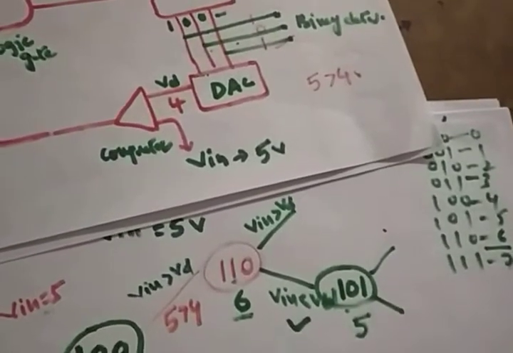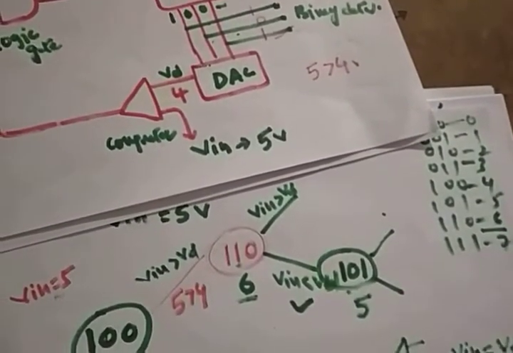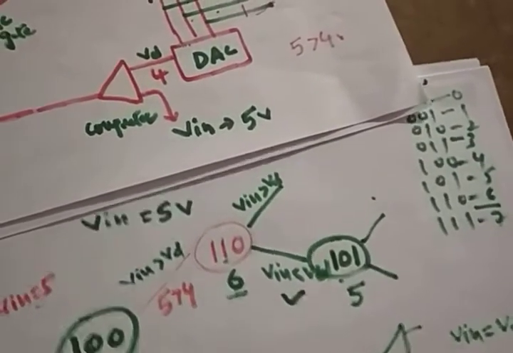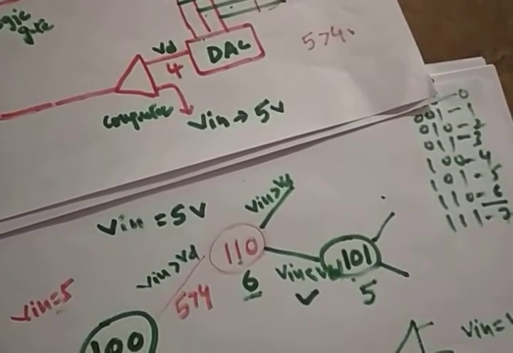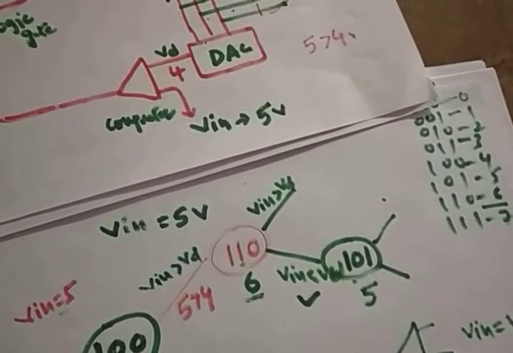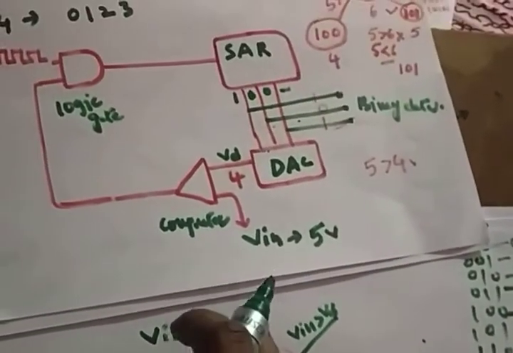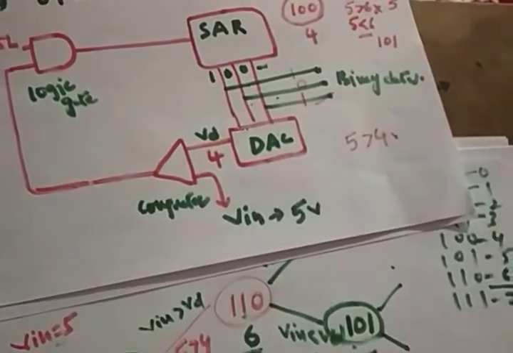It doesn't require much time. If you go for a counter type, you just start from 0 1 2 3 4 5. So how many clock pulses? 2 power n minus 1 clock pulses are required. So it's very difficult. With this, you directly enter at 4 and in a single step you'll get the result. So what is the function of the successive approximation register? Whatever drawbacks come from the counter type are eliminated with the help of the successive approximation type digital voltmeter.